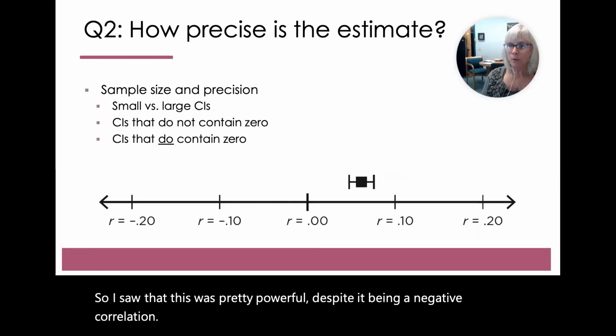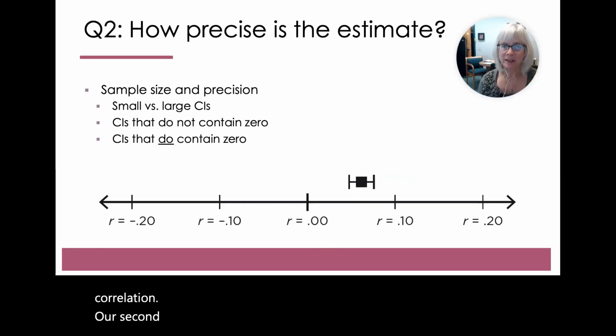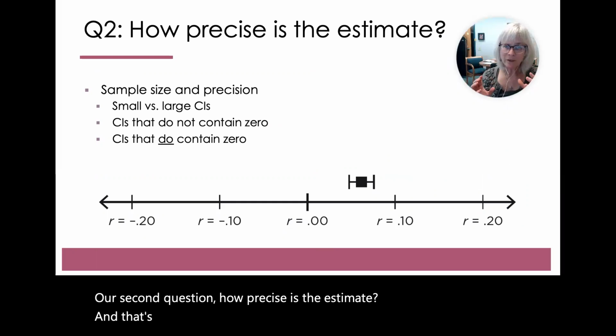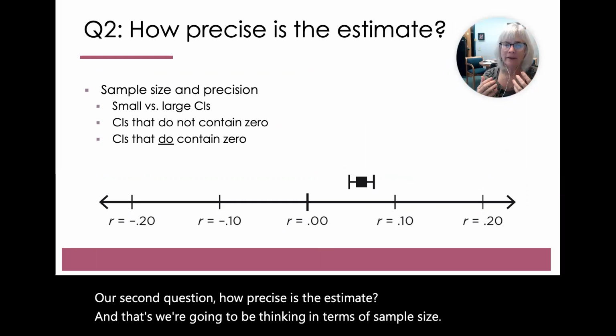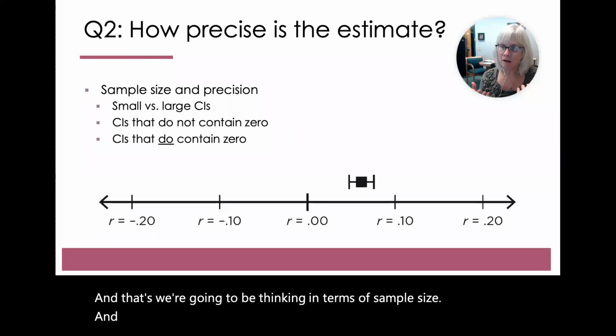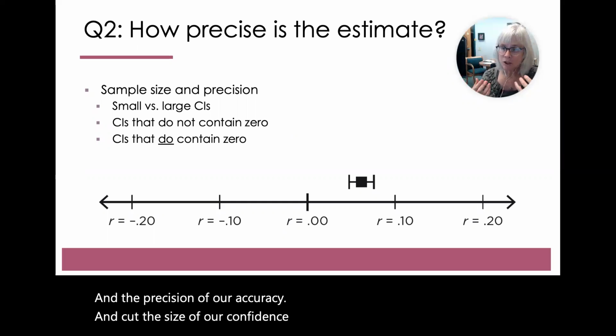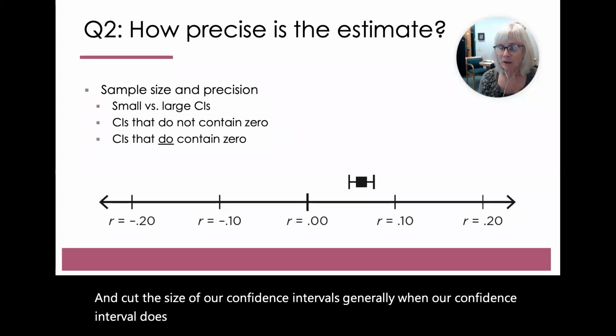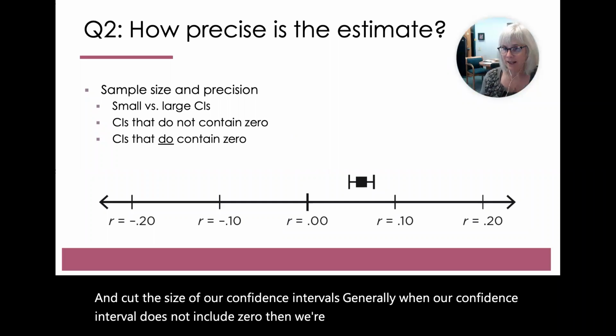Our second question, how precise is the estimate? We're going to be thinking in terms of sample size and the precision of our accuracy and the size of our confidence intervals. Generally, when our confidence interval does not include 0, then we're saying it is significant. So as in this case.